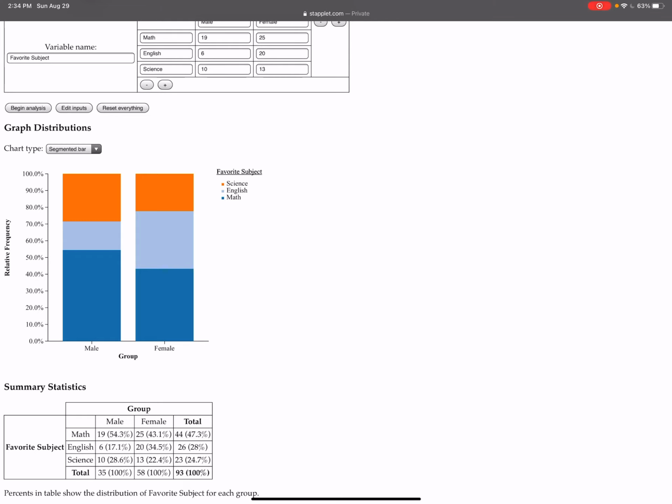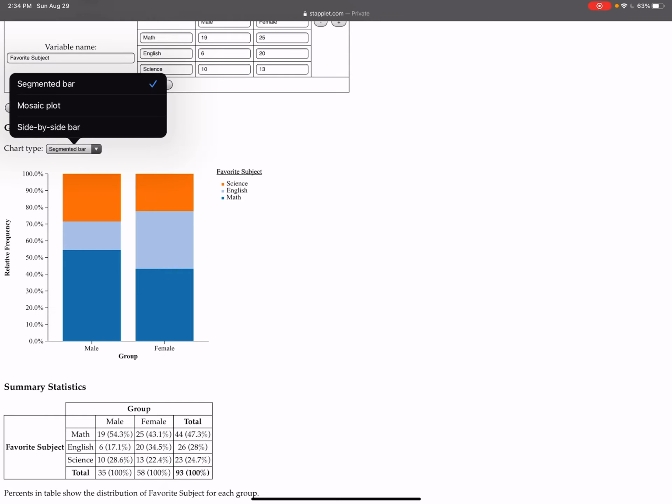Because these colors are not matching up, that would indicate that the percentage of favorite subject may be dependent on gender, meaning gender and favorite subject might have an association because these colors aren't lining up together. You would anticipate that they would be approximately the same for male and female if gender doesn't have anything to do with favorite subject choice.